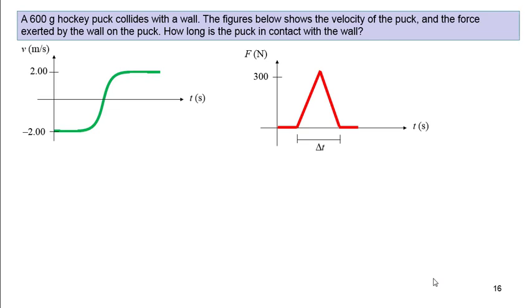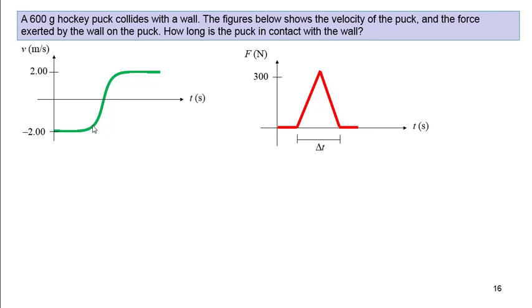Here is another example, so press pause, take some time to work through this, and then we'll go through it together. So in this problem, I'm given a graph, and the graph shows me my initial velocity and my final velocity. The collision that's happening, and this is a puck colliding with a wall, that's the thing that changes my velocity. So initially I'm traveling with a constant velocity.